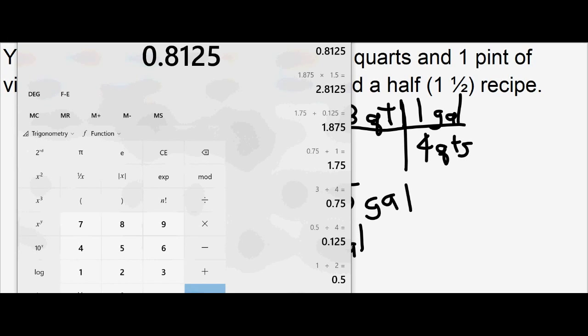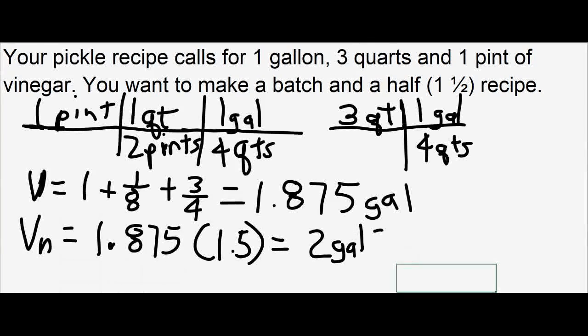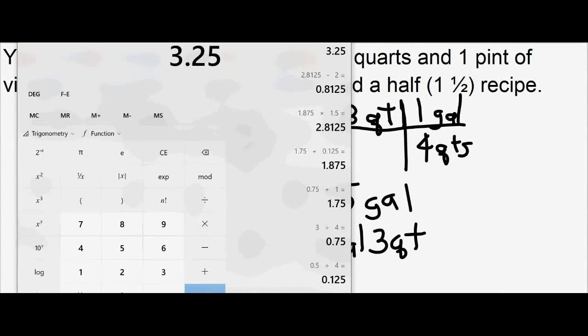I'm going to convert that to quarts. There's 4 quarts per gallon. So I have 4 times as many quarts as gallons. I multiply by 4, and I get 3.25 quarts. And so I'm going to write down my 3 quarts. And having taken that into account, I'm going to subtract the 3.